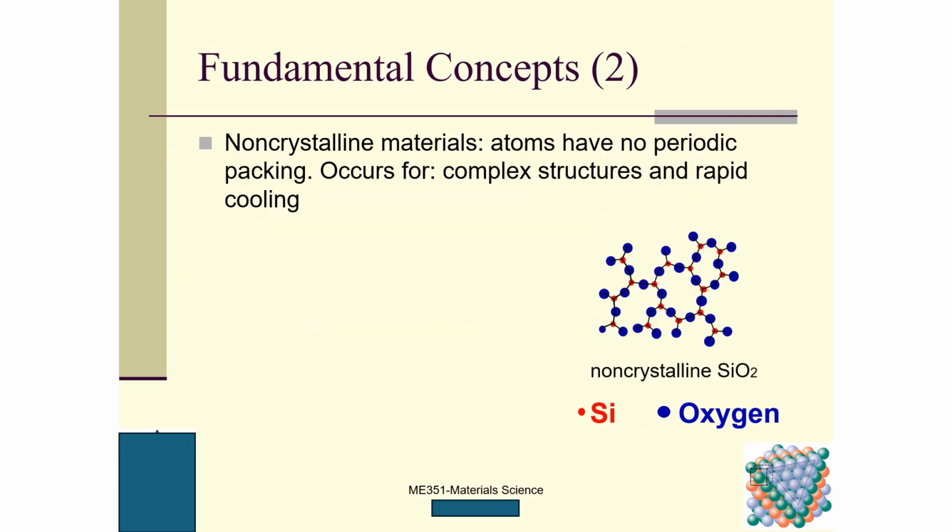On the contrary, there is another concept called non-crystalline materials, in which atoms have no periodic packing. This occurs for complex structures and rapid cooling. Here is the same example, silicon oxide, but this time it's non-crystalline silicon oxide.